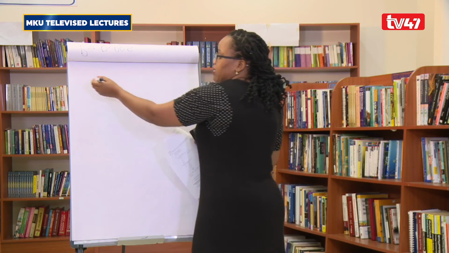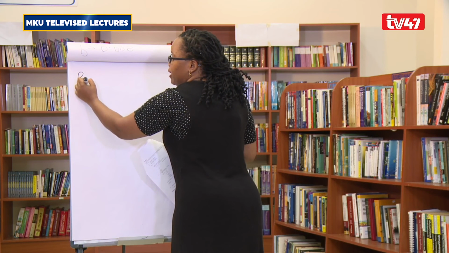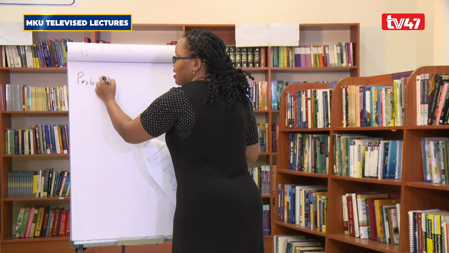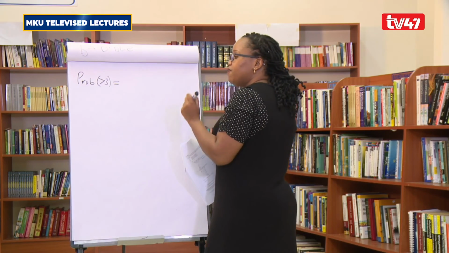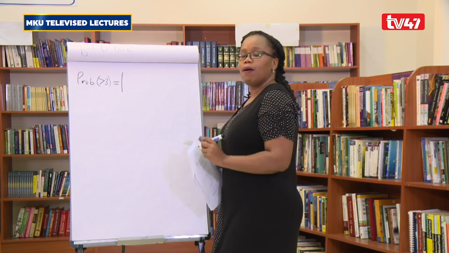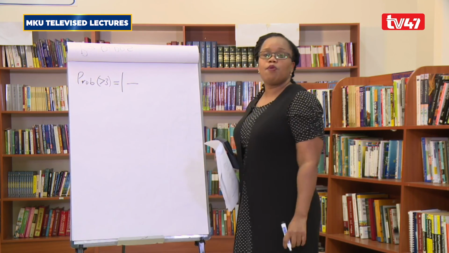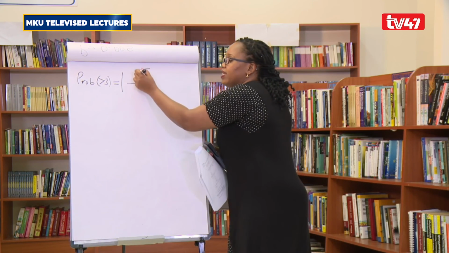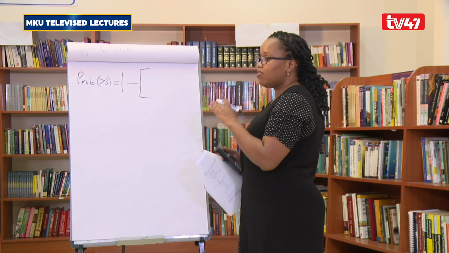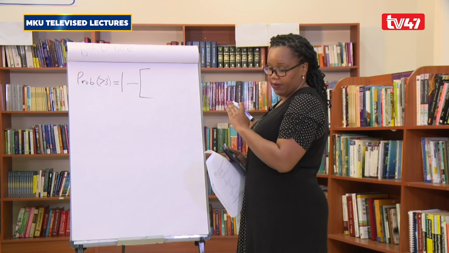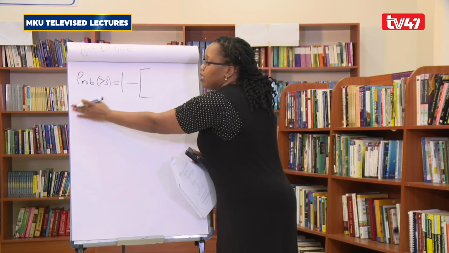In our case, probability greater than 3 will be defined by 1 minus the probability that we can calculate, okay? So greater than 3 does not include 3. But what is before that?